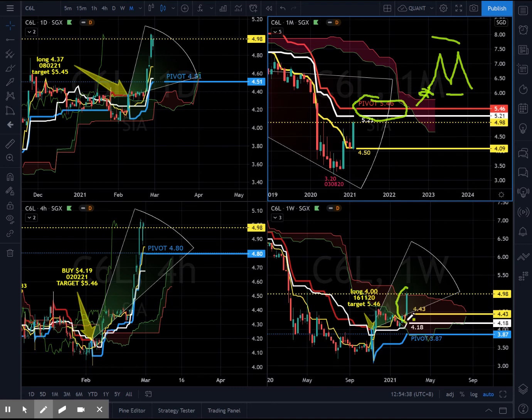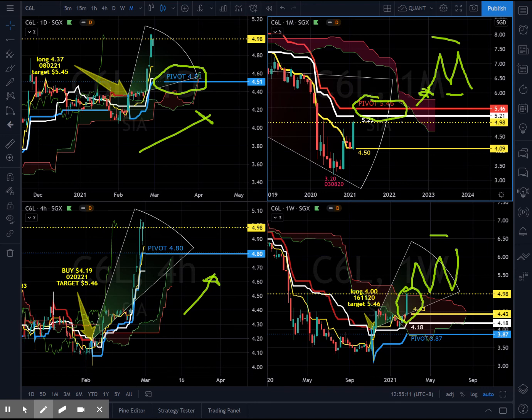This candlestick right here is very interesting. We want to see more traction on the stock, moving up towards its target, clearing $5.46, and perhaps trading above it for the next couple of months. Shorter term, we have the dailies uptrend as well as the 4-hour uptrend, with pivot at $4.51, for shorter term traders like swing traders or position traders who may just want to exit when you hit the $5.46 level.